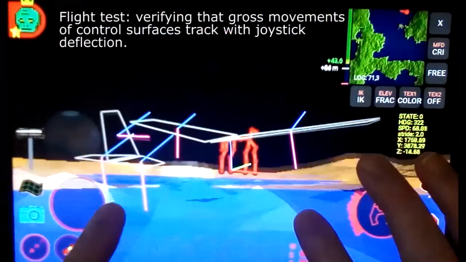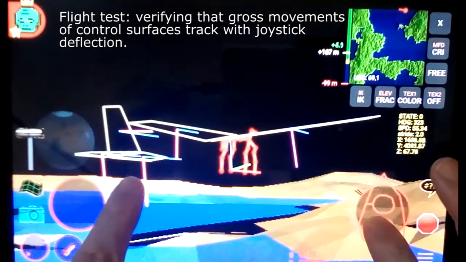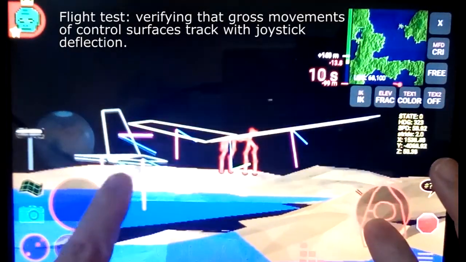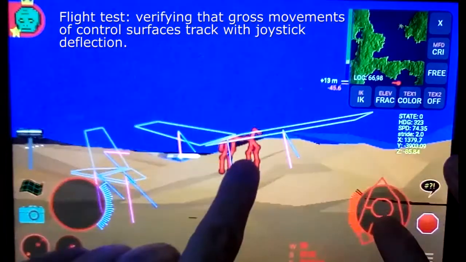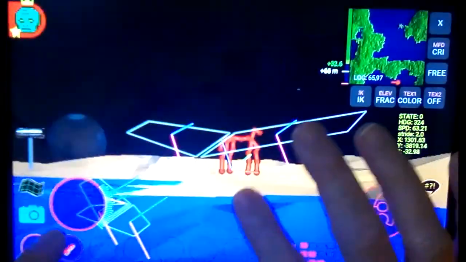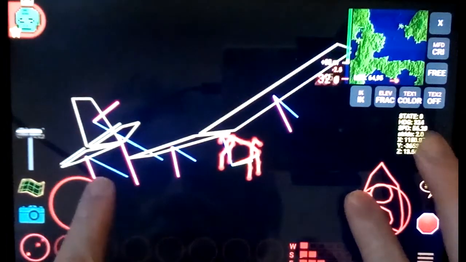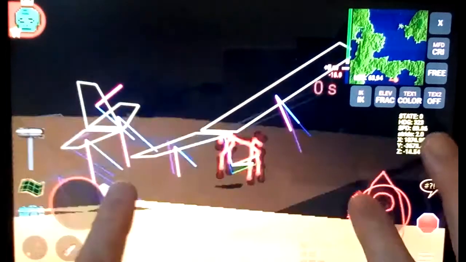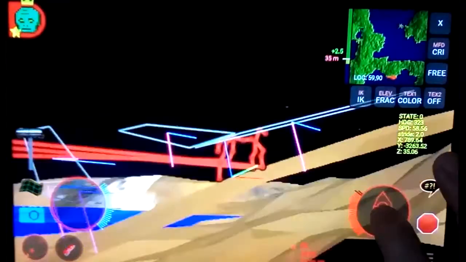And in addition to deflecting the actual control surface, I draw a little line where its undeflected point would have been. So the back edge of the elevator, see how there's that line that's left behind when I move it? And ditto for the rudder.